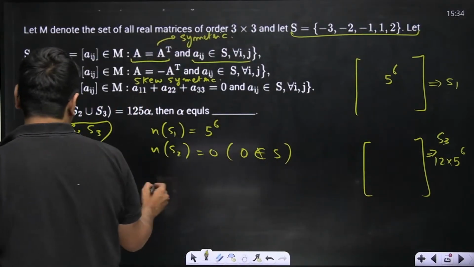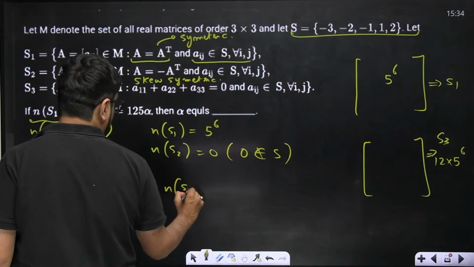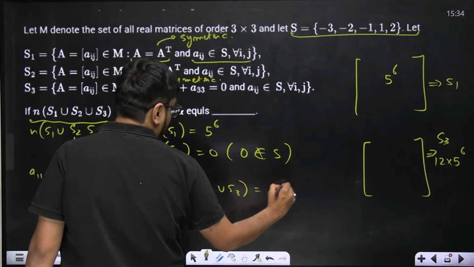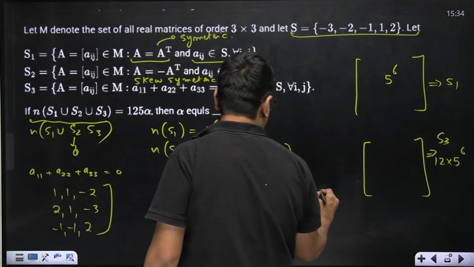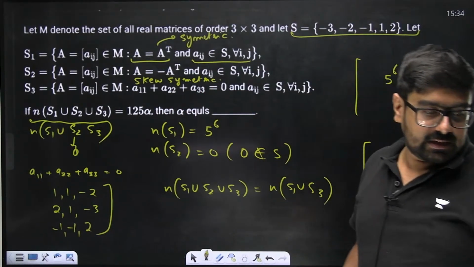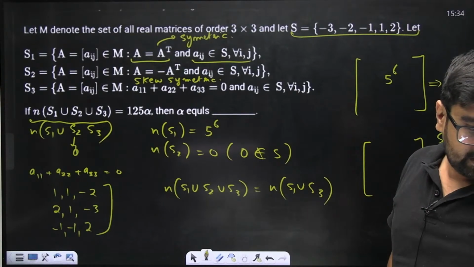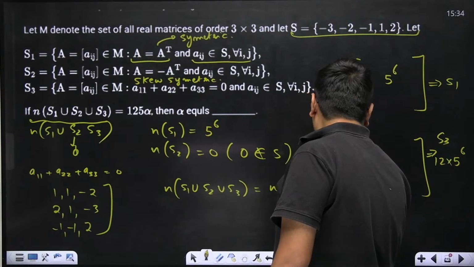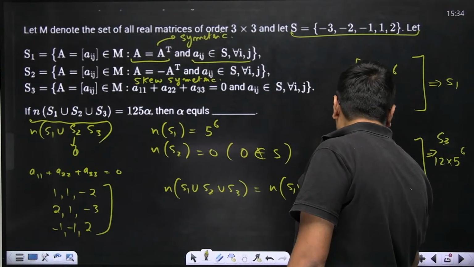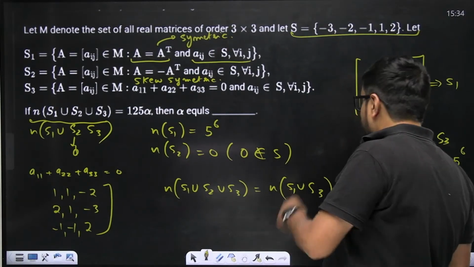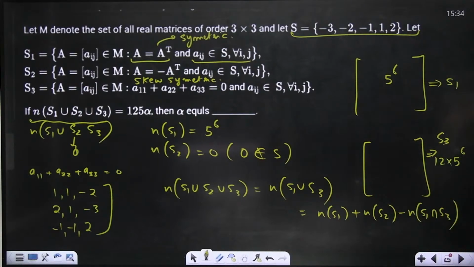So n of S1 union S2 union S3 is nothing but the number of elements in S1 union S3. Correct? Which is given by number of elements in S1 plus number of elements in S3 minus number of elements in S1 intersection S3. How many elements will be there in S1 intersection S3?